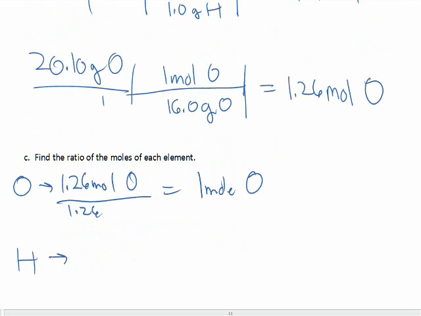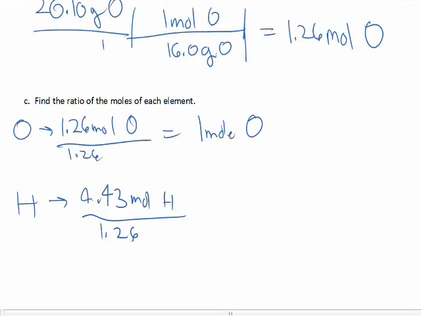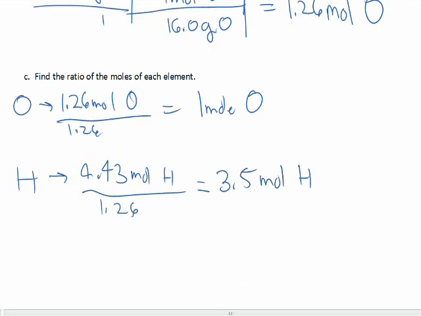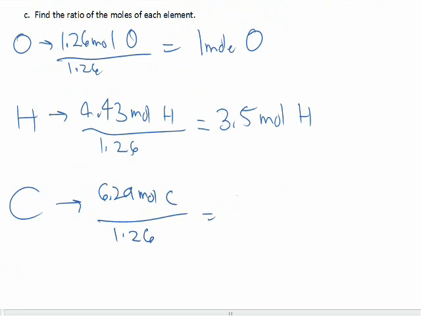Hydrogen, we'll just go backwards: 4.43 divided by 1.26 gives 3.5 moles of hydrogen. Now hold on a minute. We can't use that 3.5, and we don't round it. We have to get a whole number. Then we have carbon, and we get 4.99. Here we can round up. But we can't round up the 3.5 because it's right there smack in the middle.